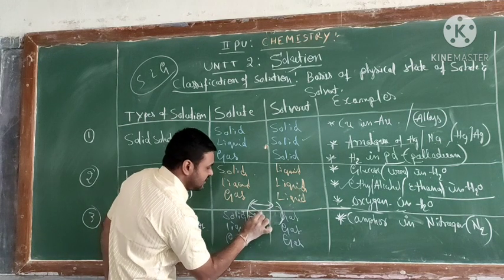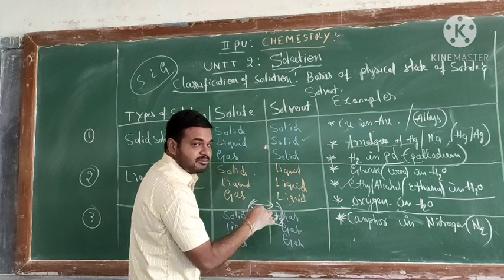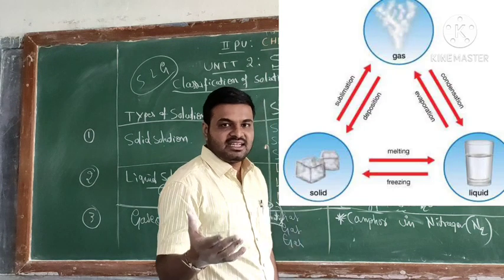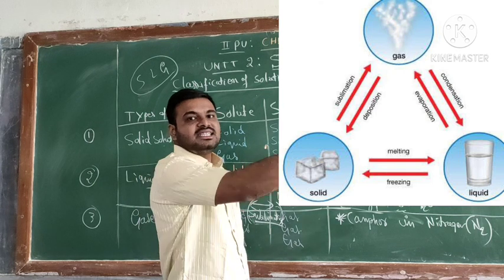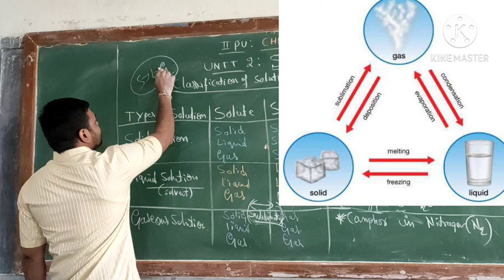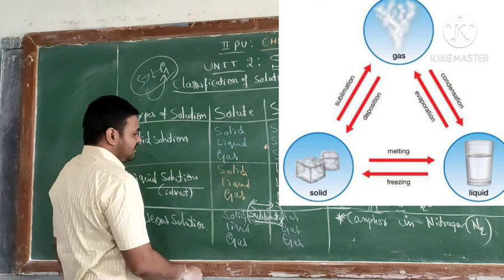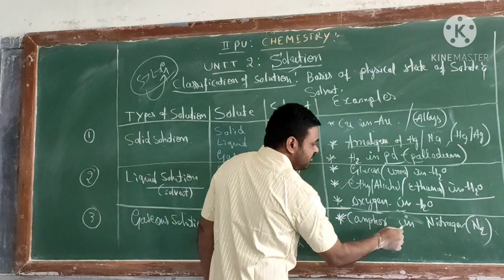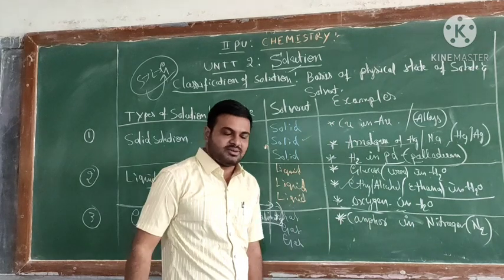This is called sublimation. Did you understand? What is the meaning of that? The solid directly converts to the gaseous form, not passing through the liquid. For example, camphor goes directly to the gaseous form.